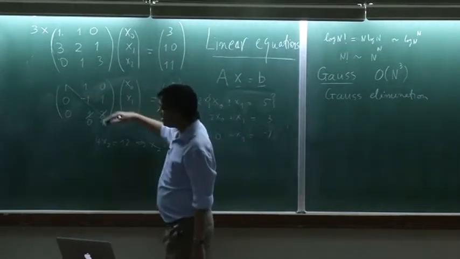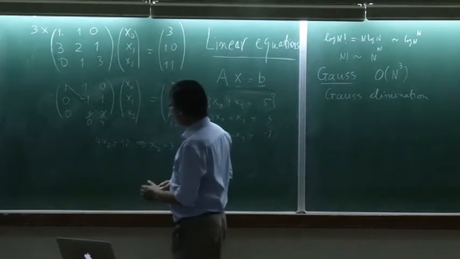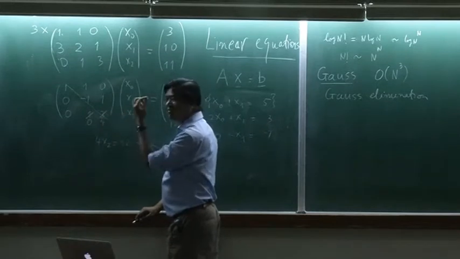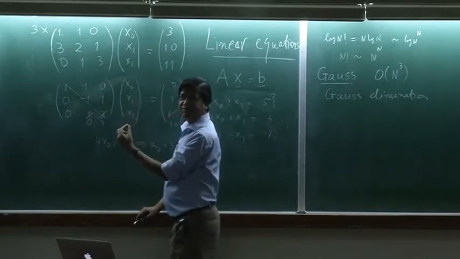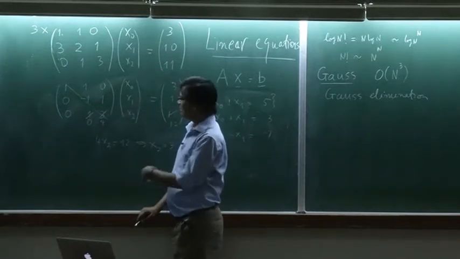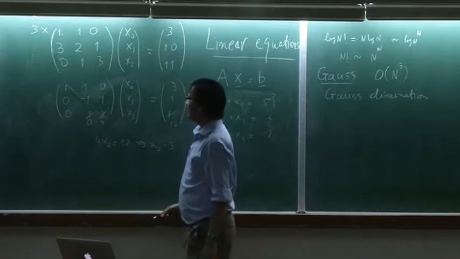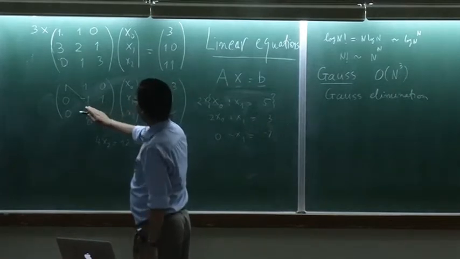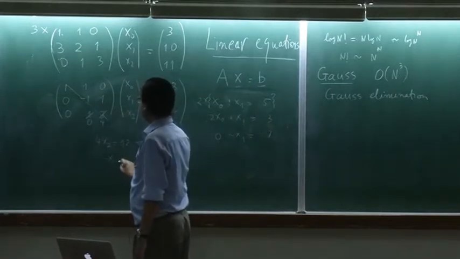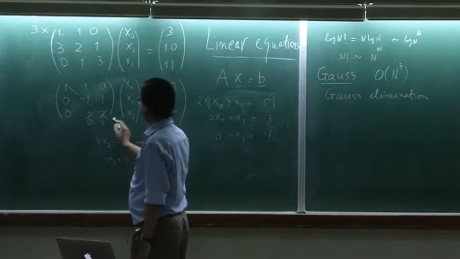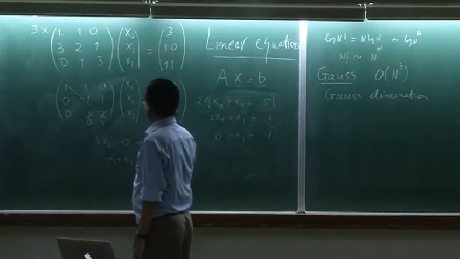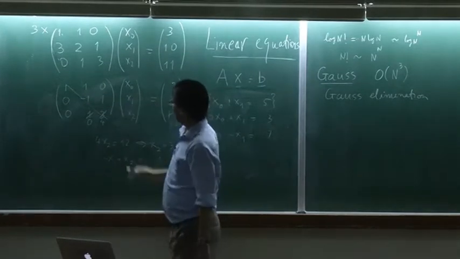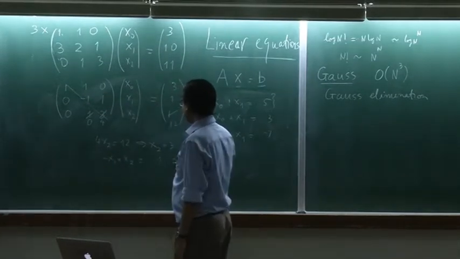So here I eliminated this, called Gaussian elimination. Now I found the answer. With an upper diagonal matrix, the last equation has only one unknown, so it's straightforward. Now once I know x2, what is this equation? Minus x1 plus x2 equals 1. What should be the value of x1?